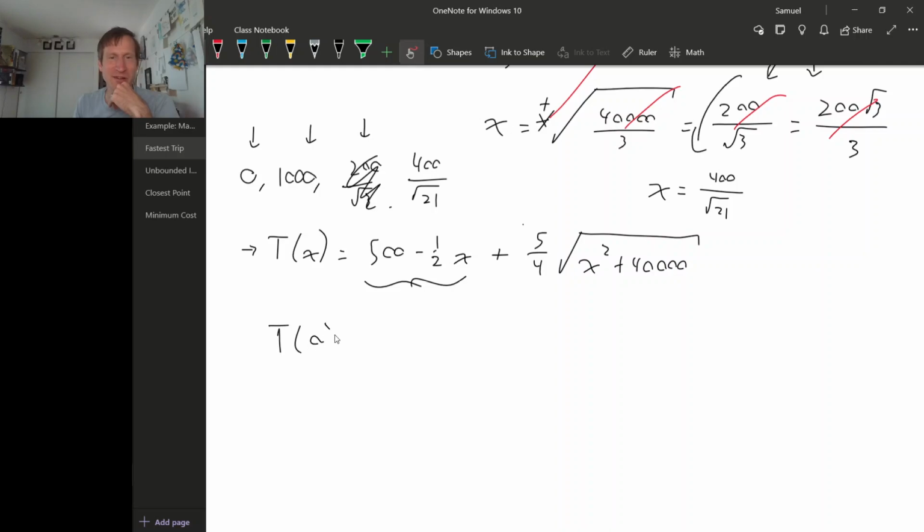So at 0, that one is fortunately pretty easy. We get 500 plus 5 over 4 times the square root of 40,000, which is 200.